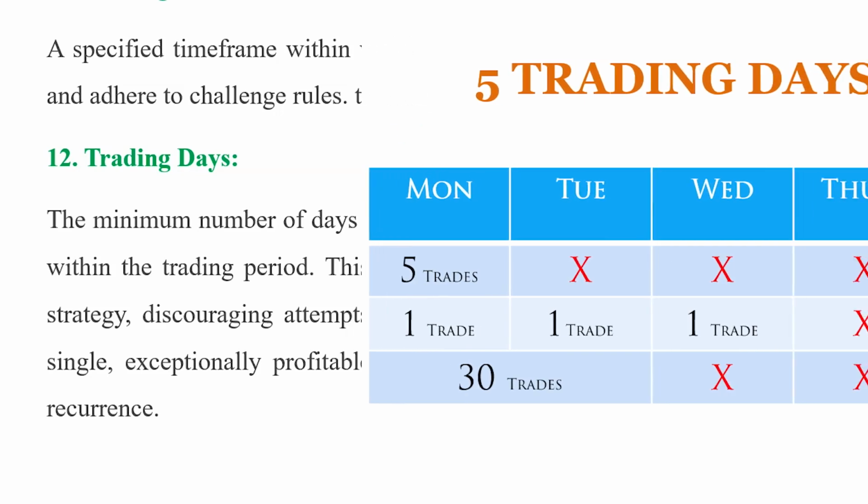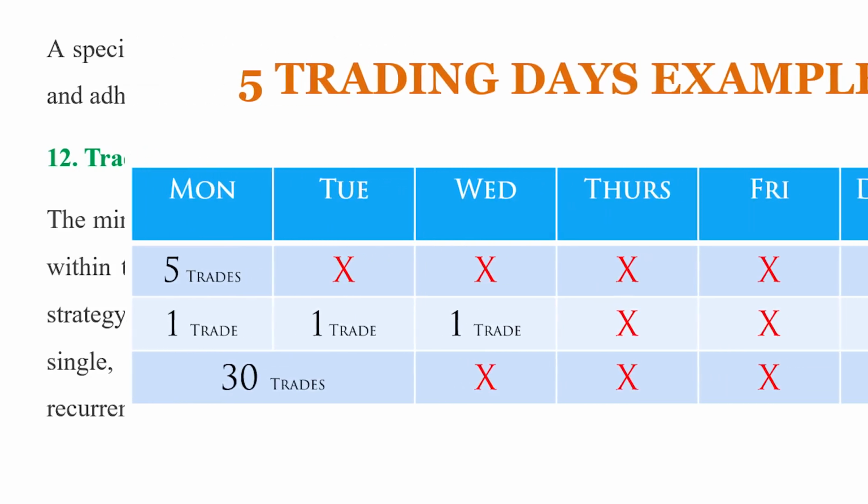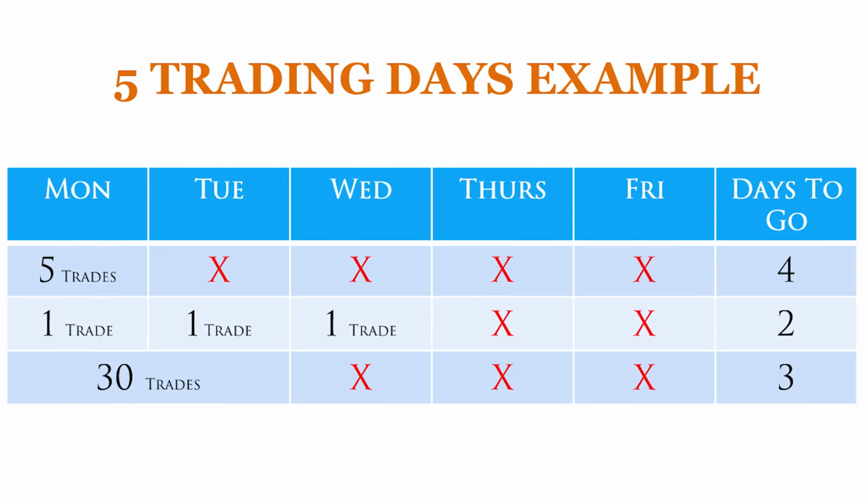For example, on Monday, if you place 5 trades on Monday, then it means you still have 4 more days to go. If on Monday, Tuesday, Wednesday you place a trade each, it still means you have 2 more days to go. If on Monday and Tuesday you place a total of 30 trades, it only counts as 2 trading days. So what it means is that after every 24 hours you place a trade, it's going to count as 1 day.